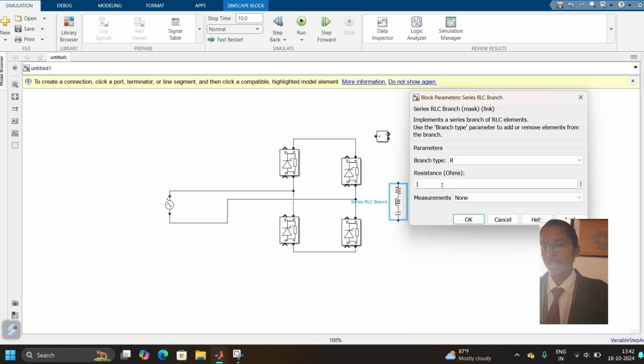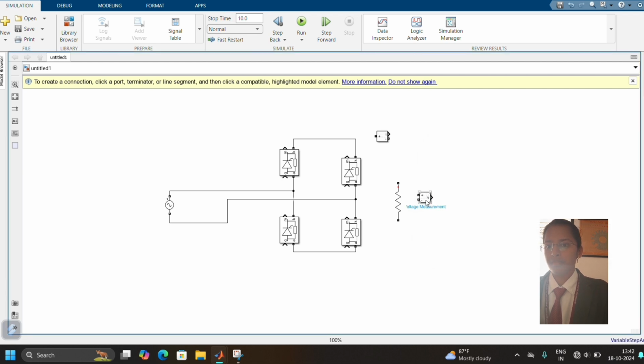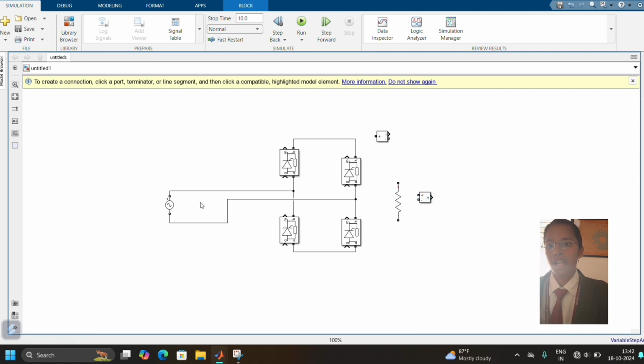Then copy this voltmeter and paste. Then consider R as a load, and we have taken the resistor as 20 ohm. Then apply OK. Then copy this voltmeter and paste it.